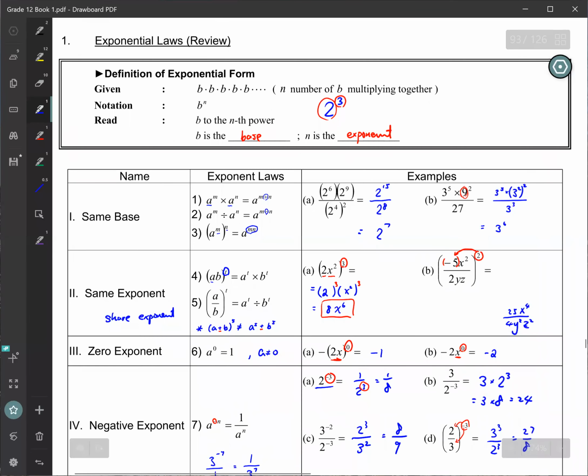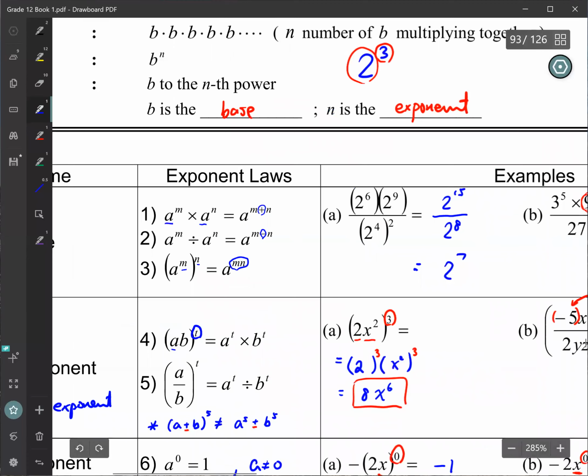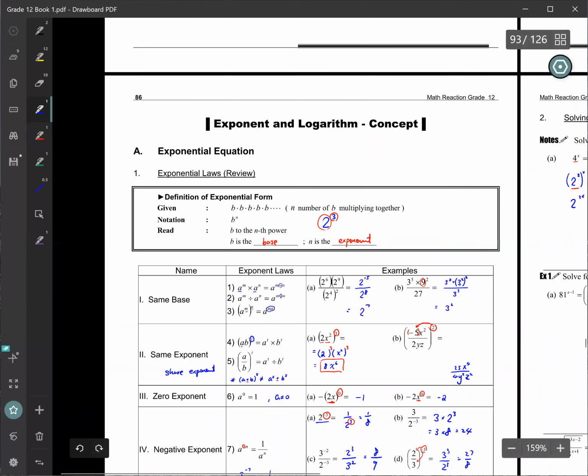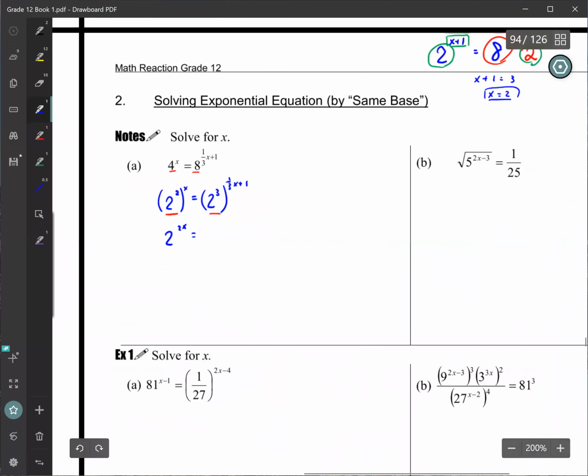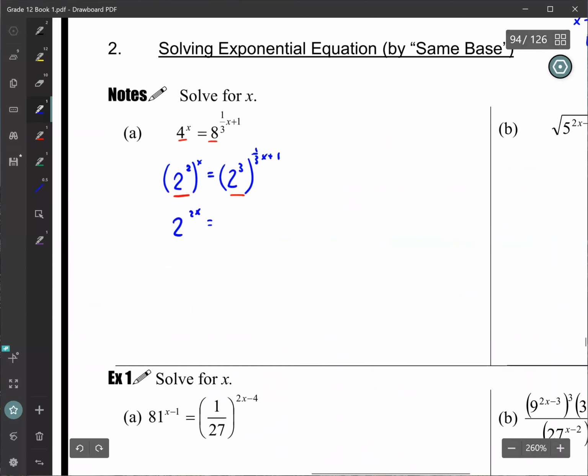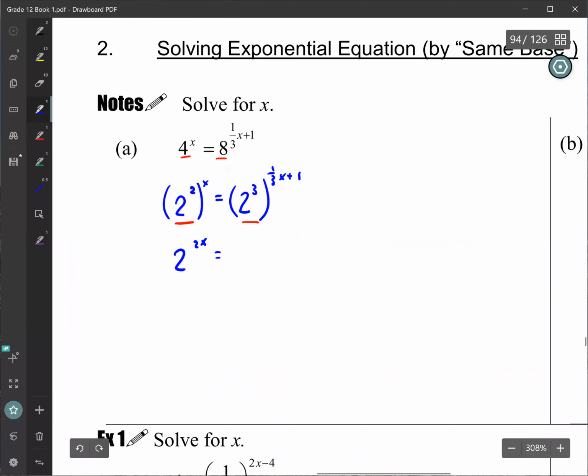Number 3, power to power. You can multiply the exponents. And then how about the right-hand side? Cindy? How do we simplify the right side? 2 to the power of x plus 3. Yeah, very good. So you multiply the exponents.